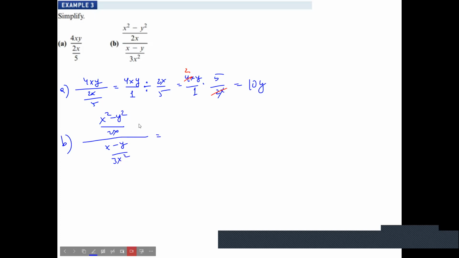So what we do, we write the numerator, then we replace the fraction line with division. Then we replace division with multiplication. Now we're talking.